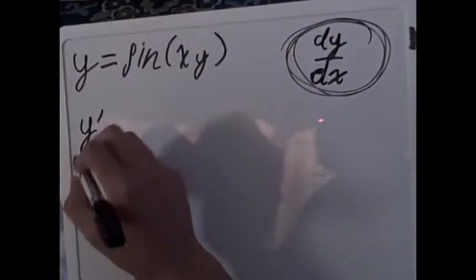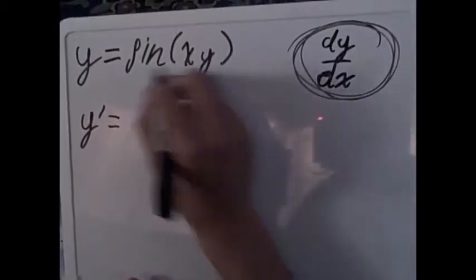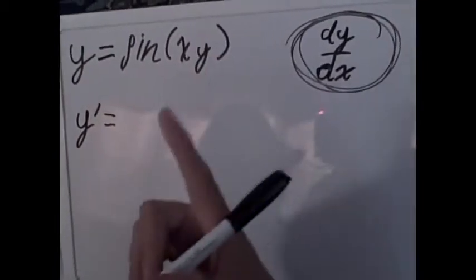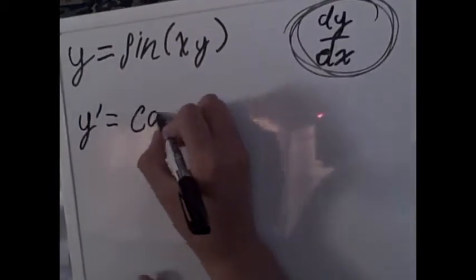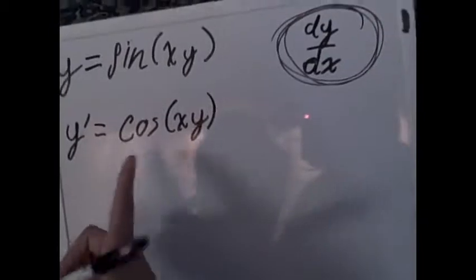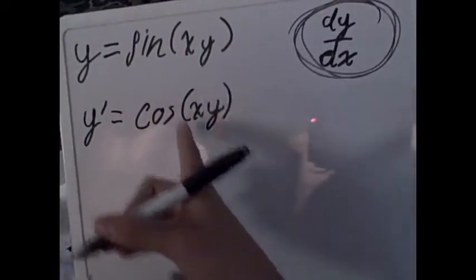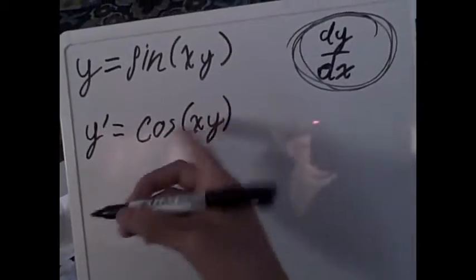So what's the derivative of y? The derivative of y is y prime. The derivative of sine is, I hope you guys got this, cosine xy. But this is a chain rule because we have the xy inside, so we also have to derive what's inside.